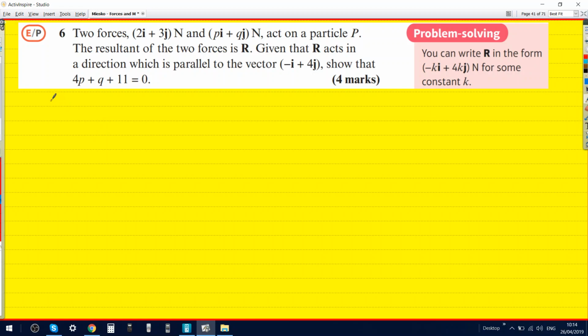Yeah, okay. What do we know about R? That it's parallel to the third vector? Yeah. And so, how would we represent that? That it being parallel to it?